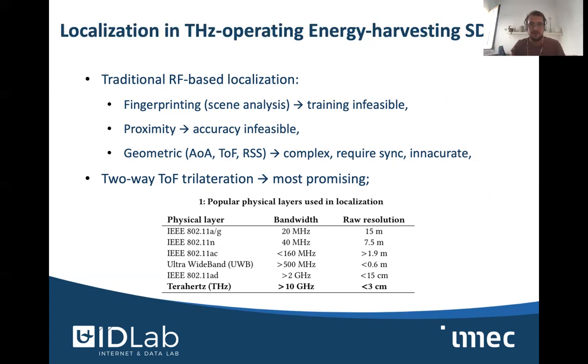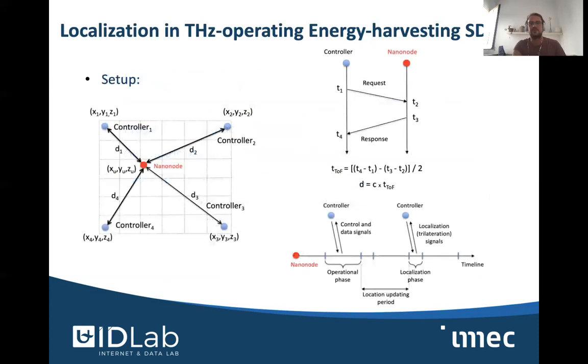More bandwidth, by Nyquist, means that we have a better range resolution. Range resolution is the error in the estimation of the distance between nodes here. For terahertz, we get a range resolution of less than 3 centimeters, which is much higher compared to every other technology usually used for localization purposes. So in that sense, two-way time of flight seems to be promising here. Okay, this is our setup.